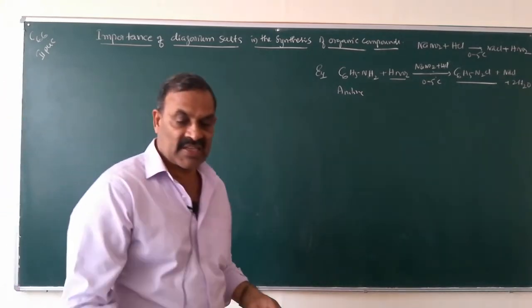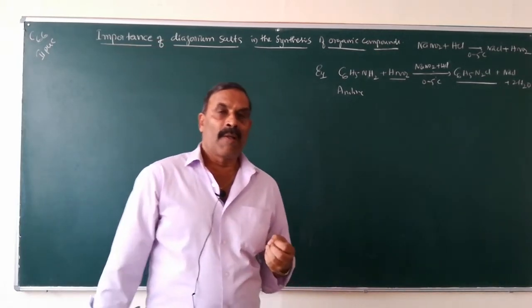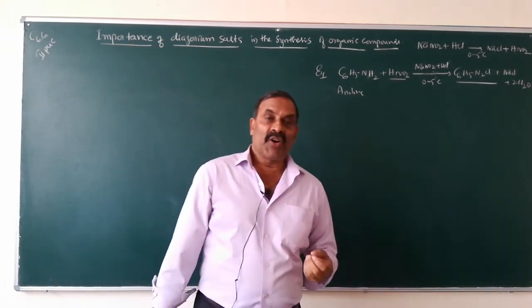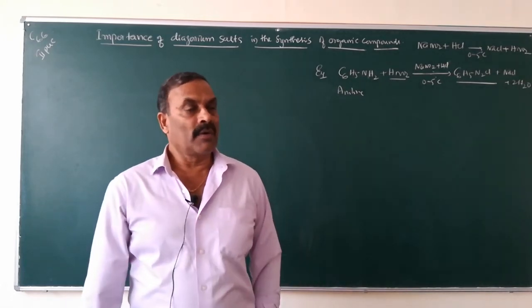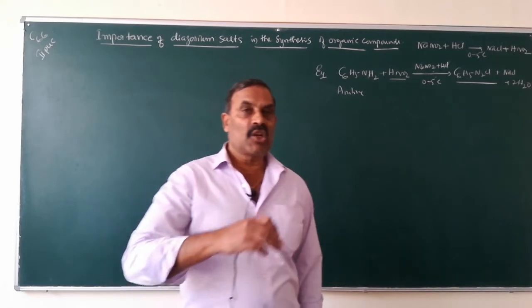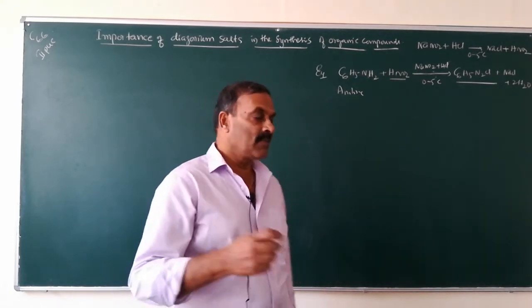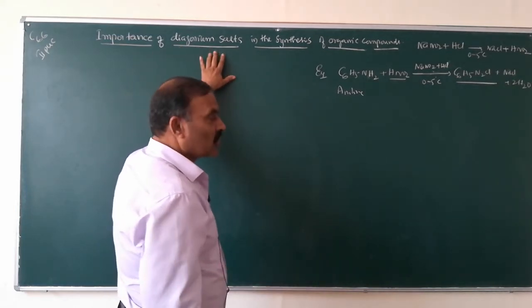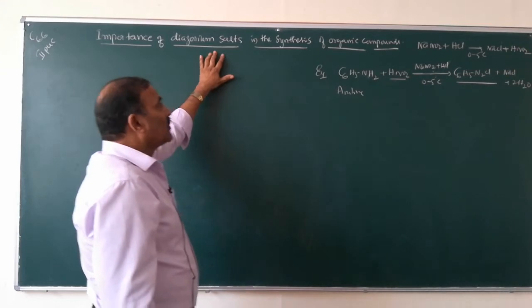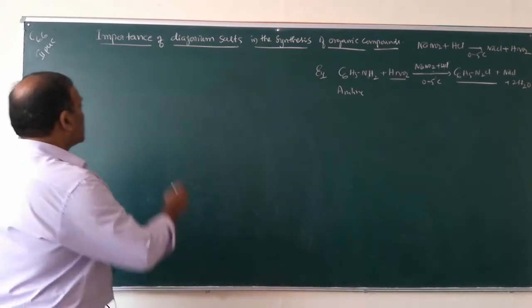Benzene diazonium salts play an important role as intermediate compounds in the introduction of Cl minus.